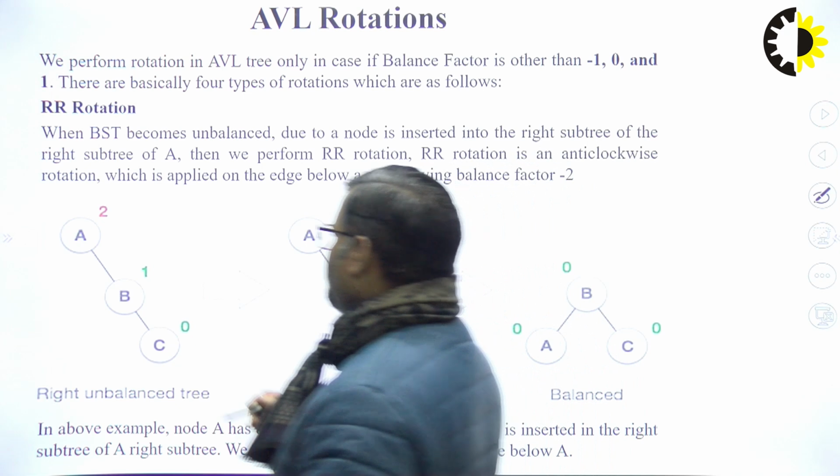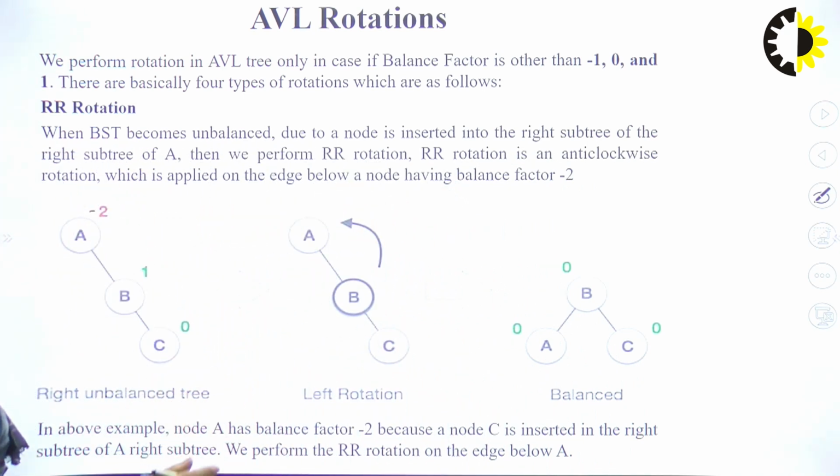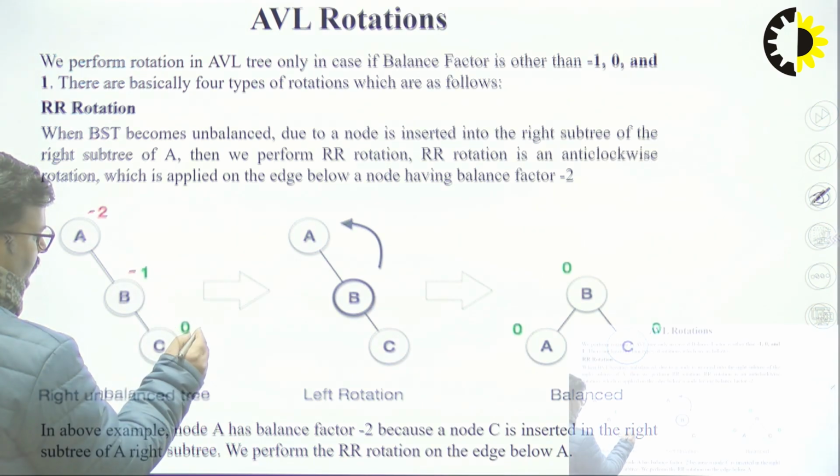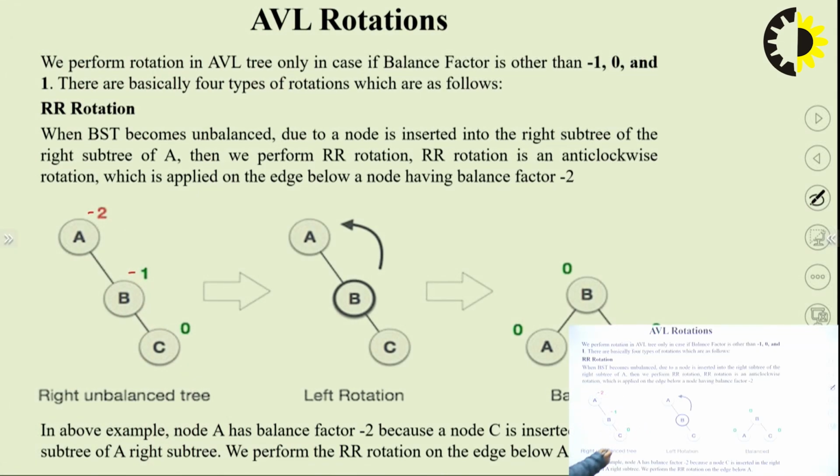So here this is the tree, and here I have also mentioned the balance factors: 0, -1, -2. First of all, focus on this point. If the balance factor is -1, then the tree will be rotated anti-clockwise.